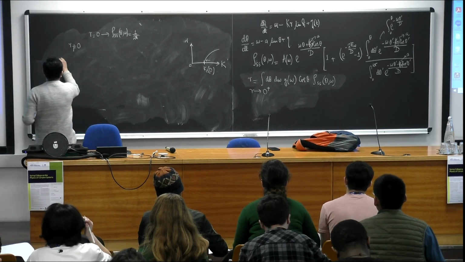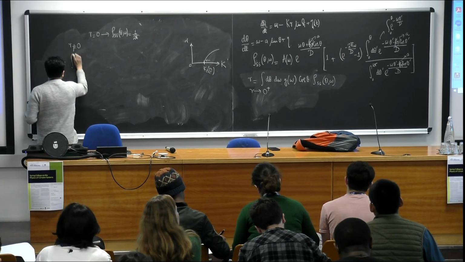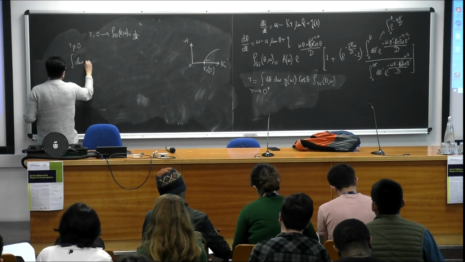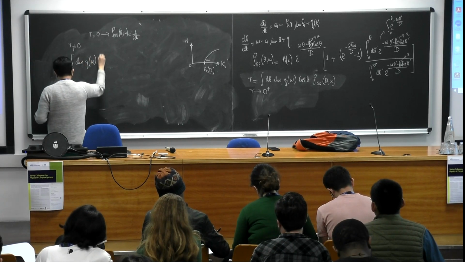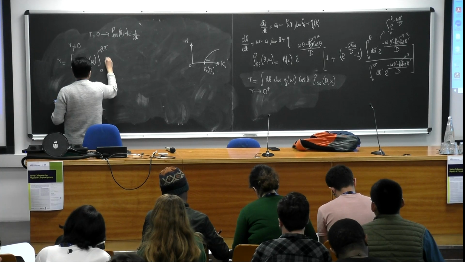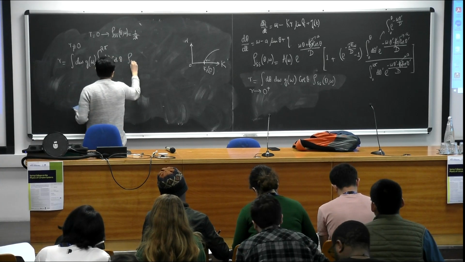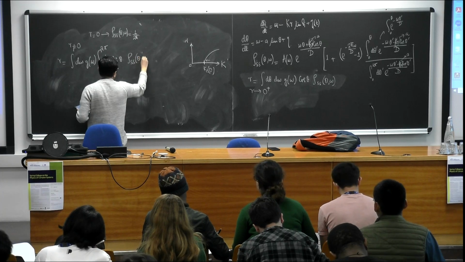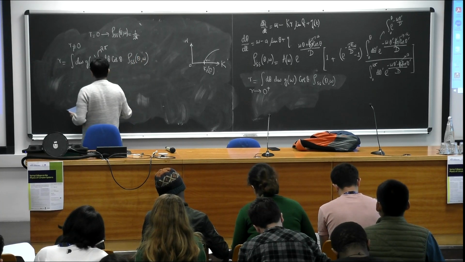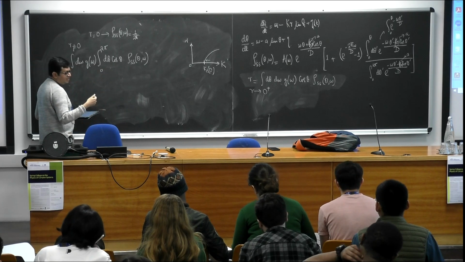Okay, so let me first write down the equation. So I have d omega g omega, I'm writing it in full glory. What I want to do is study the right hand side as r goes to 0.